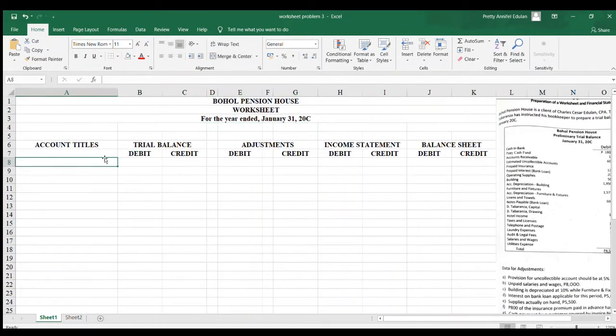So let us copy the headings or the account titles, I mean.